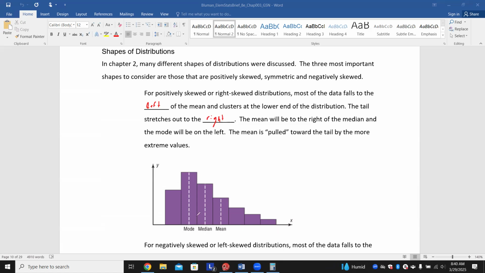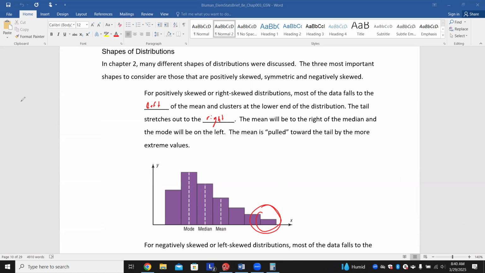The mean should be closer to the median right here in the middle of the data, but these numbers are pulling it to the right. That's why the tail stretches to the right. On a positive skewed or right skewed distribution, the mean is to the right of the median, and the mode is going to be to the left of the median. So the median and mode are to the left of the mean because the mean is being affected by this outlier here. All righty.